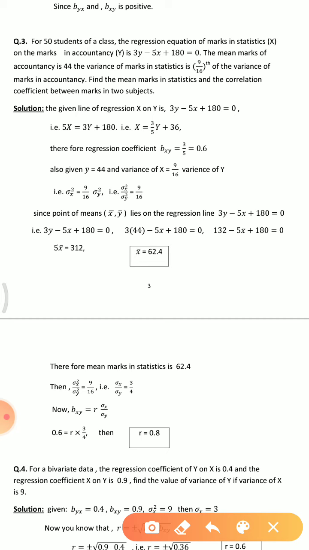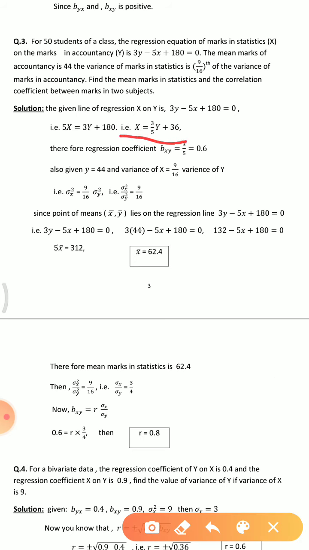First, the given line of regression x on y is 3y minus 5x plus 180 is equal to 0. Here x is the dependent and y is the independent variable. We have to shift the 5x to that side. That means 5x is equal to 3y plus 180, dividing both sides by 5.